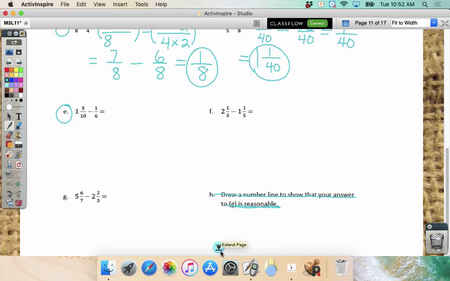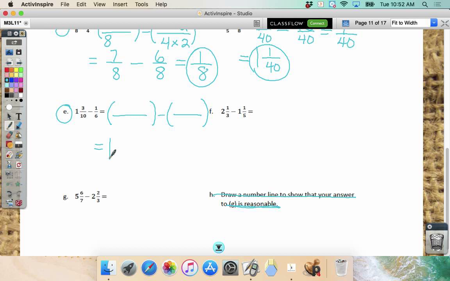And this one is option 2. So go ahead and get your parentheses on there. Is 3/10 more than 1/6? Yeah. So we don't need the 1. We'll put the 1 right here. Okay?